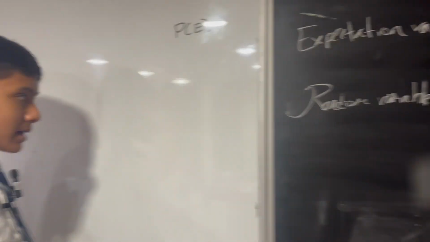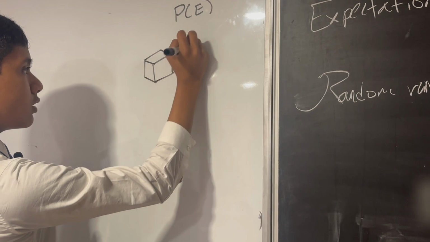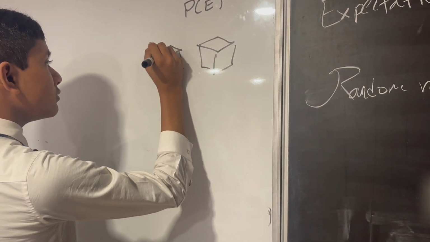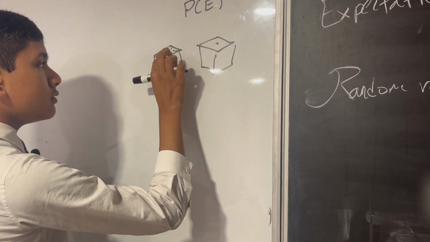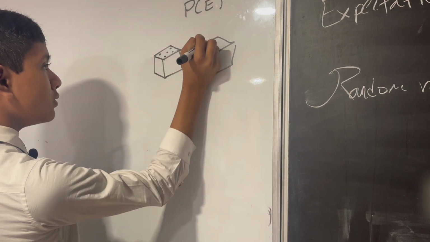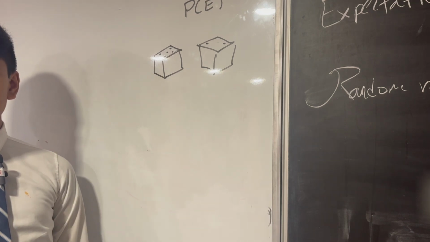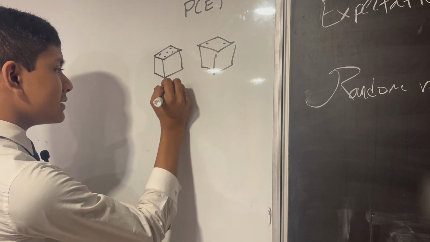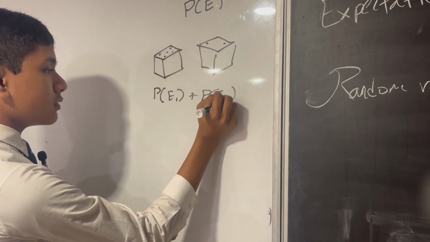Essentially, let's say, for example, you want to know the chances of rolling a 7 on two dice. You don't care if it's a 6 and a 1. You don't care if it's a 5 and a 2. All you care about is that the sum is a 7. And so that can't exactly be written as the probability of event 1 plus probability of event 2.